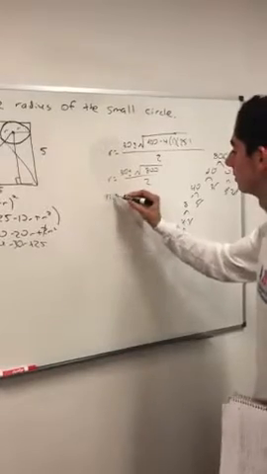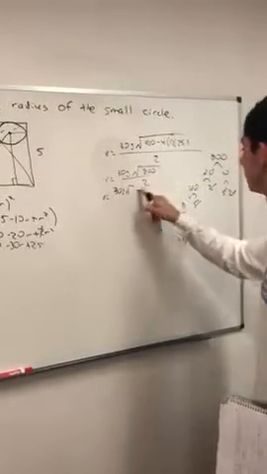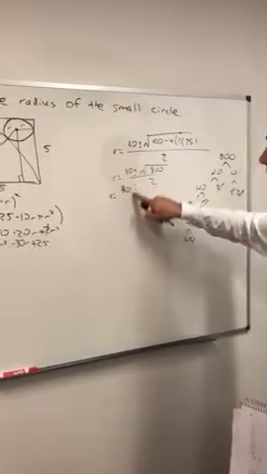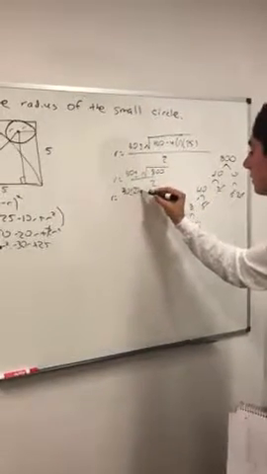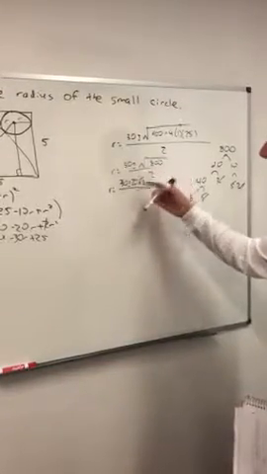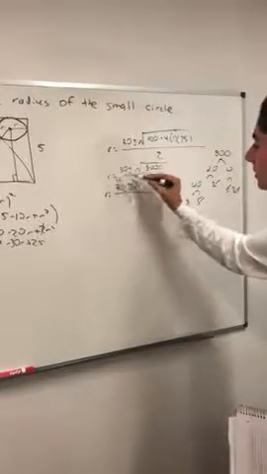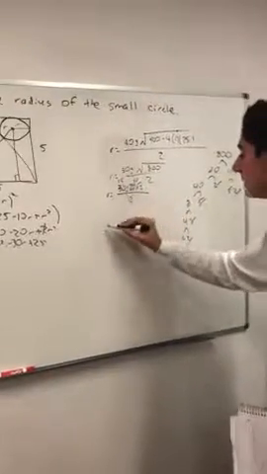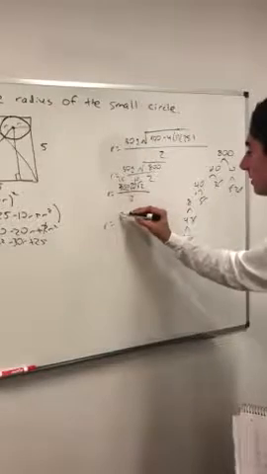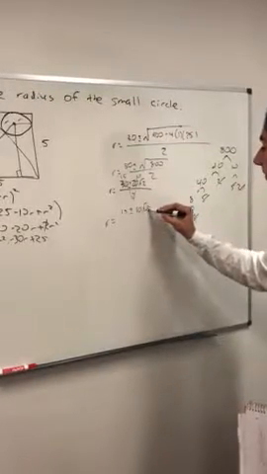So R equals 30 plus or minus 20 square root of 2 all over 2, and then obviously we can just make that a 15 and that a 10. So the radius of the circle is going to be 15 plus or minus 10 root 2.